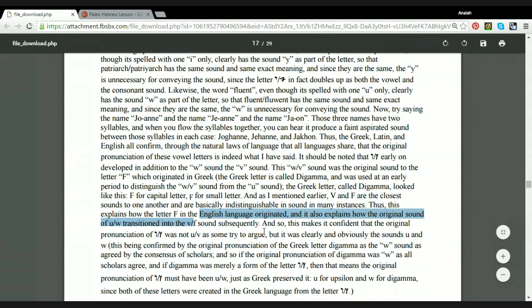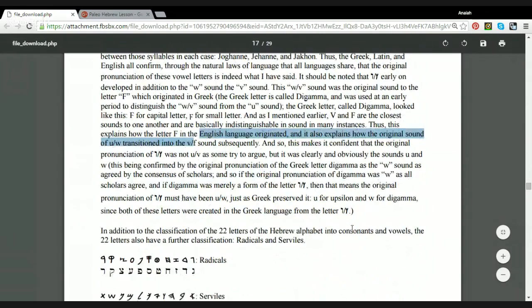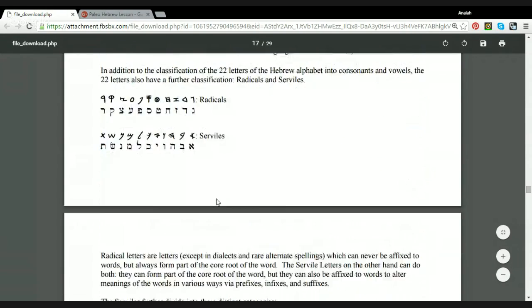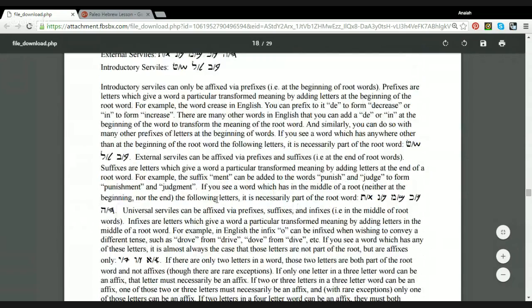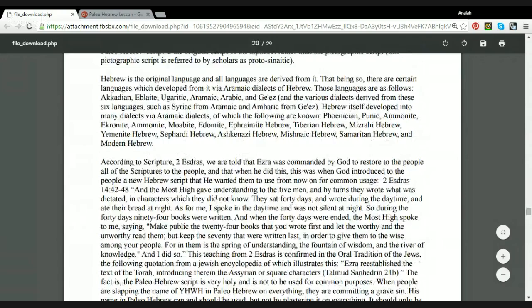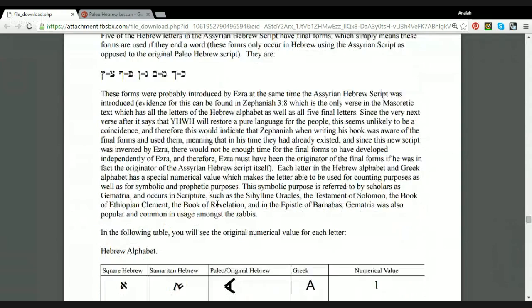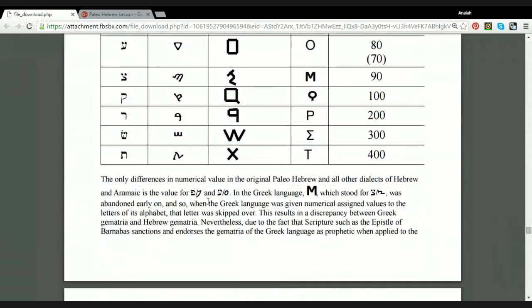It was originally UW, because digamma was originally W, and then W became a V, and then the V became an F. And now that's pretty much the pronunciation. There are some other rules about the alphabet, but I pretty much gave you all of the rules of how to pronounce. So should we stop there for today?